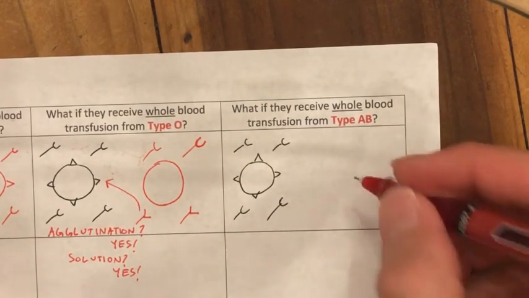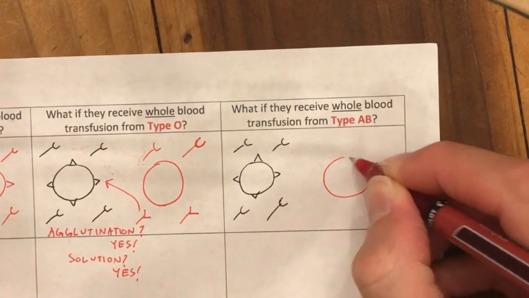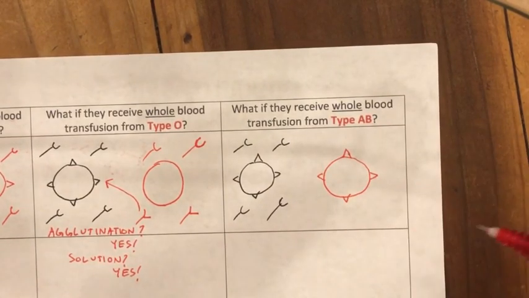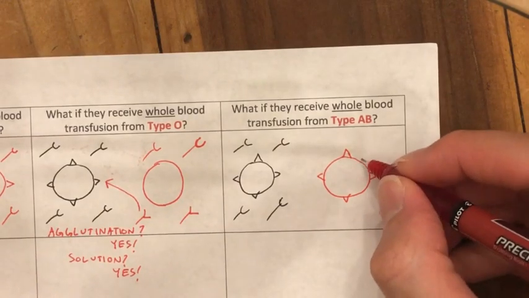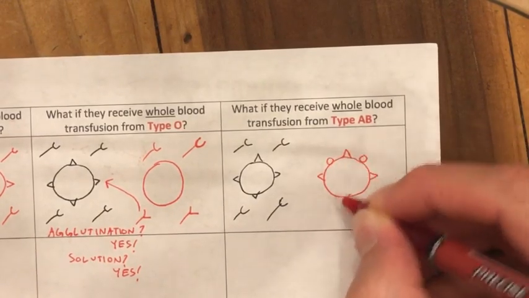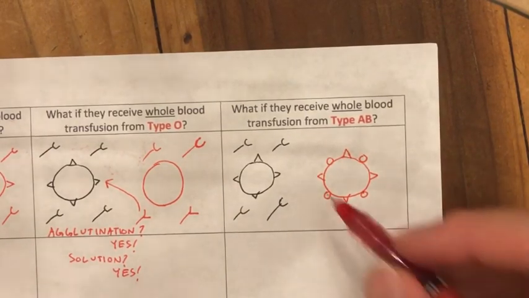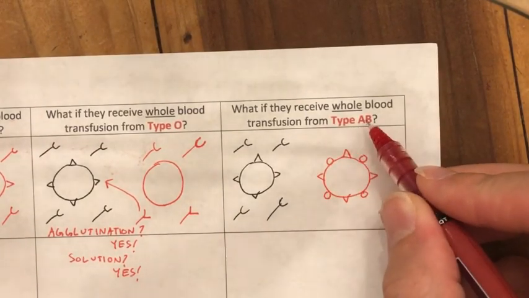Somebody with type AB blood is going to have a red blood cell that has A antigens as well as B antigens. So it's actually a mix of antigens.